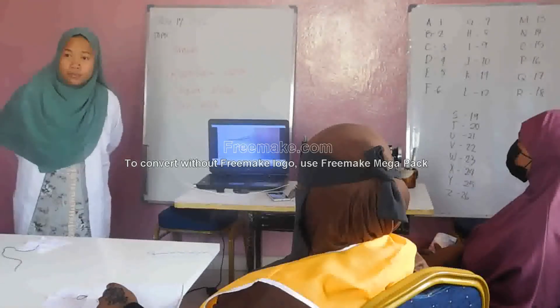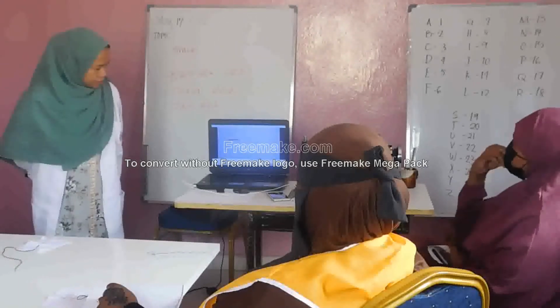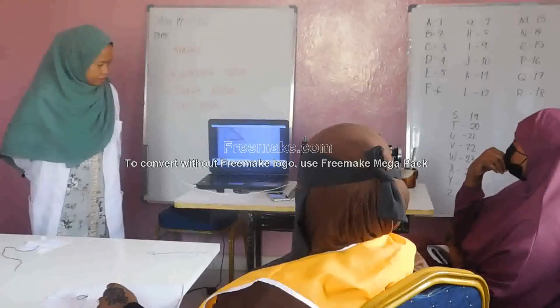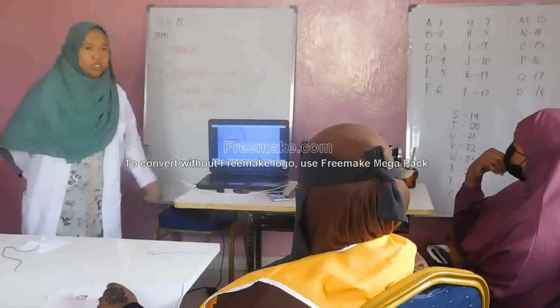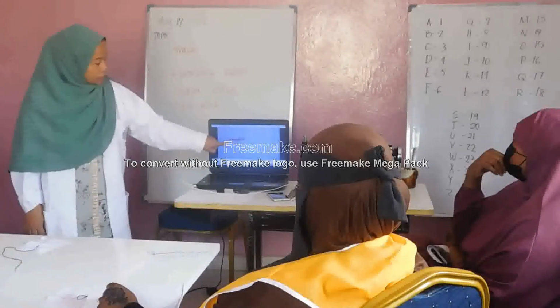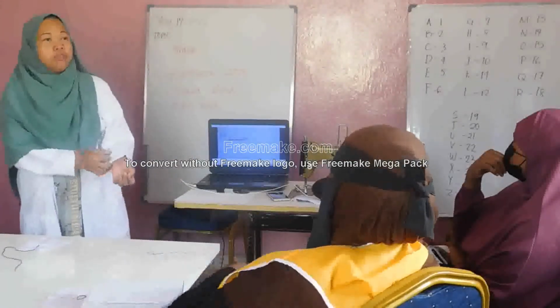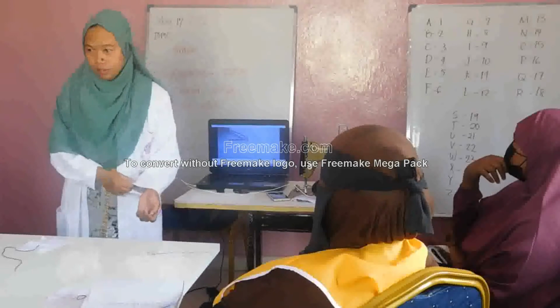Is it easy? Can you do it? Okay. So this is the back stitch. As you can see, it's similar to the stitches when you're using the sewing machine. Okay?